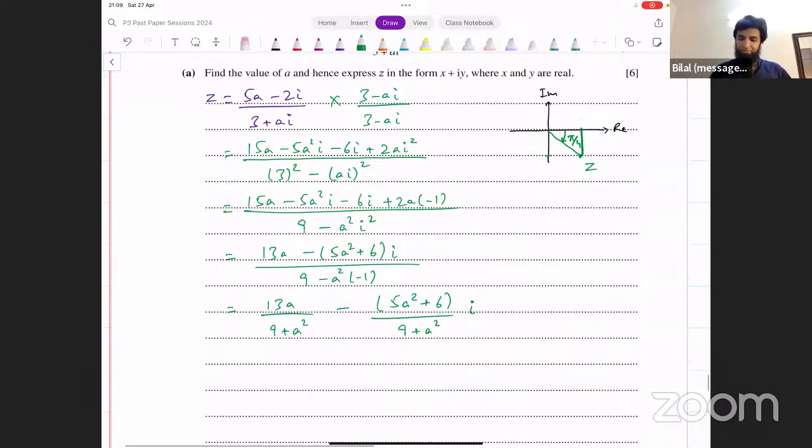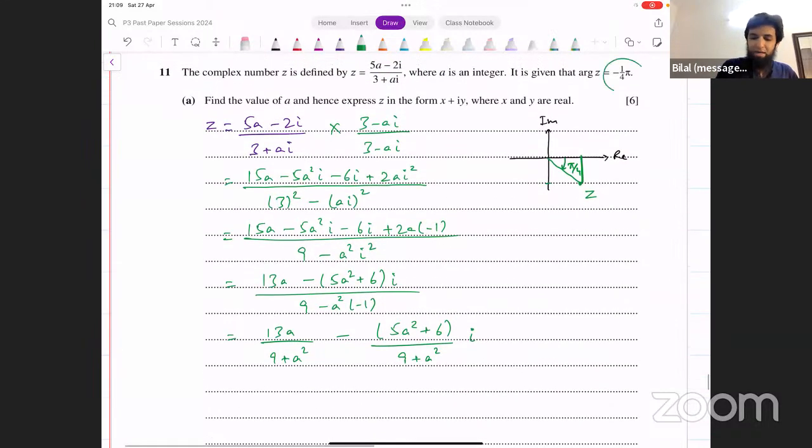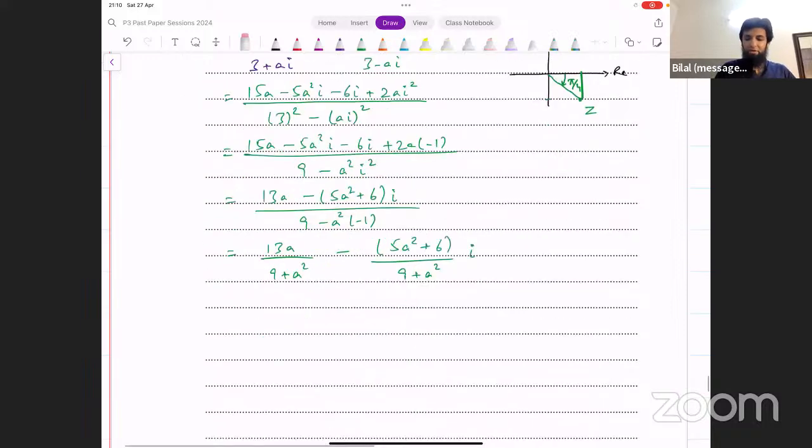Now, since we were given that the argument is minus pi over 4, the real part, whatever that real part is, and the imaginary part, they are the same. It's just that the imaginary part is negative.